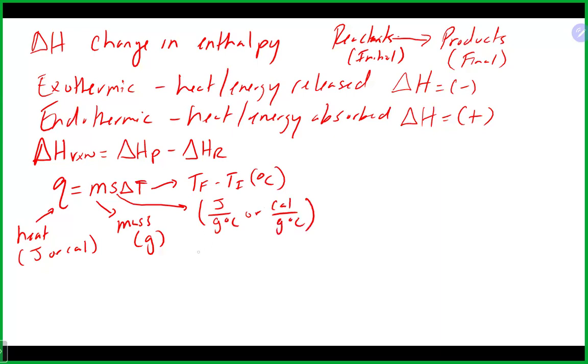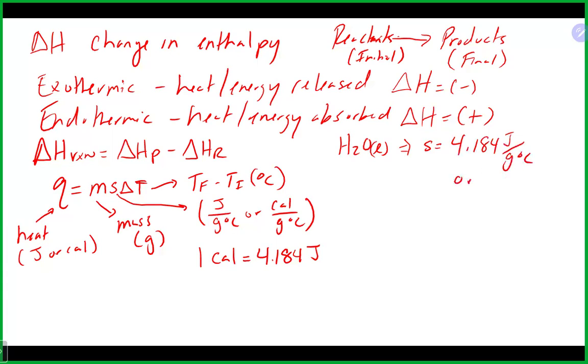Once again, a relationship that you should know: 1 calorie is 4.184 joules. That, by the way, is also the specific heat capacity of liquid water. So for liquid water, which is a value that you should know as you journey through chemistry, the specific heat capacity is 4.184 joules per gram per degree Celsius, or 1 calorie per gram per degree Celsius.